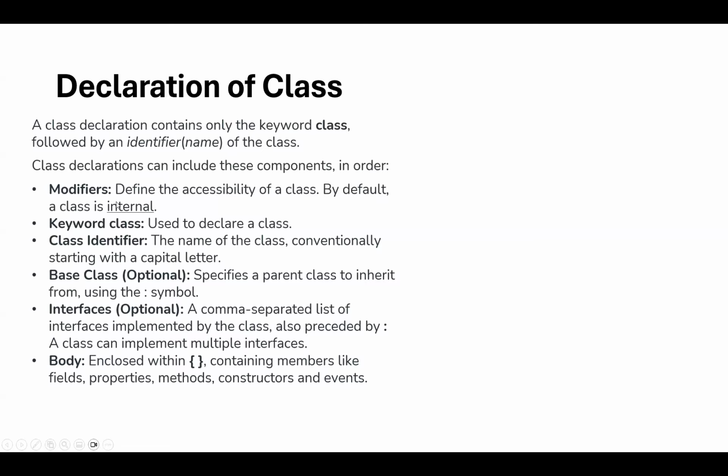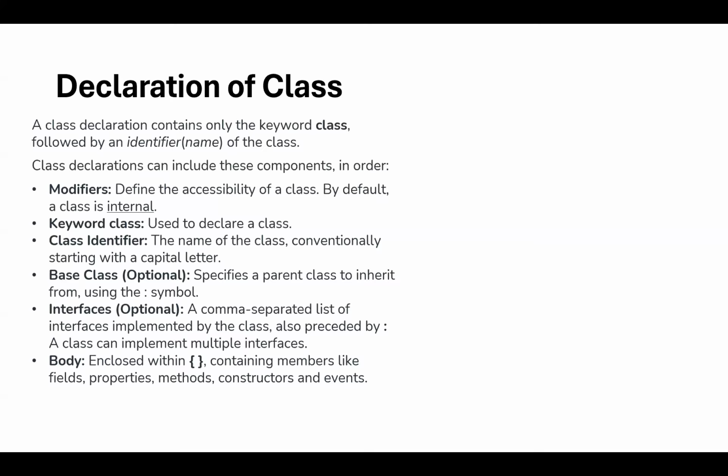You must use the keyword class to declare a class. You must have a class identifier. It's the name of your class. You can specify the parent class to inherit from. For this reason, we use the symbol colon. And you can use an interface or many interfaces with a comma separator.